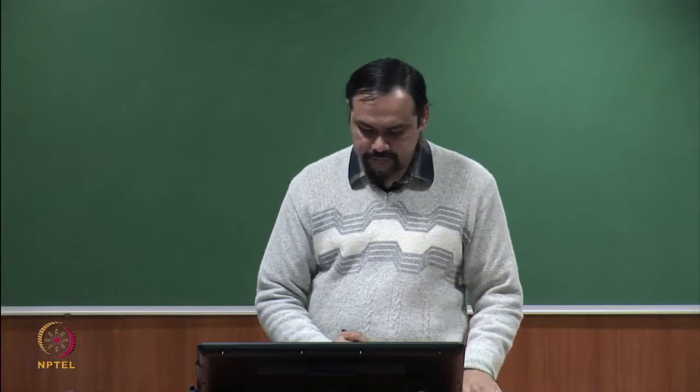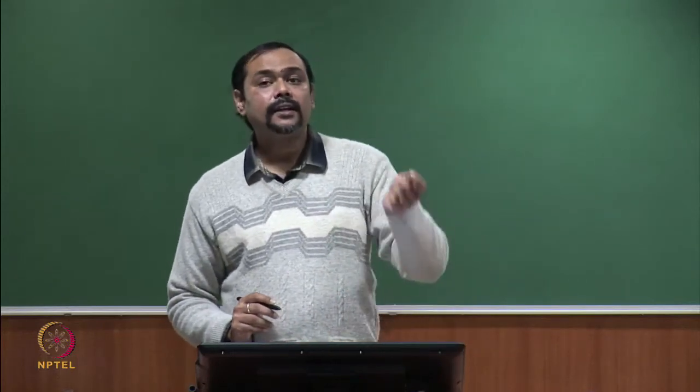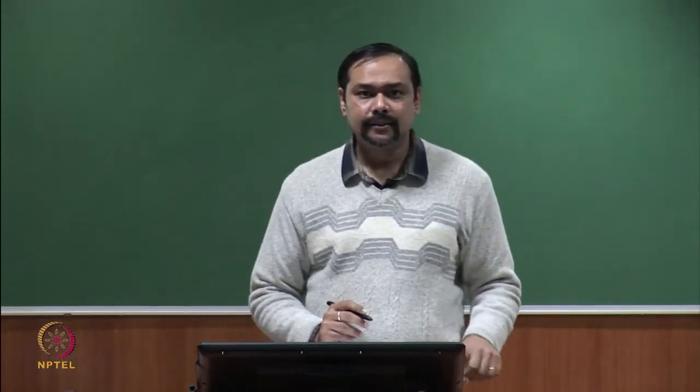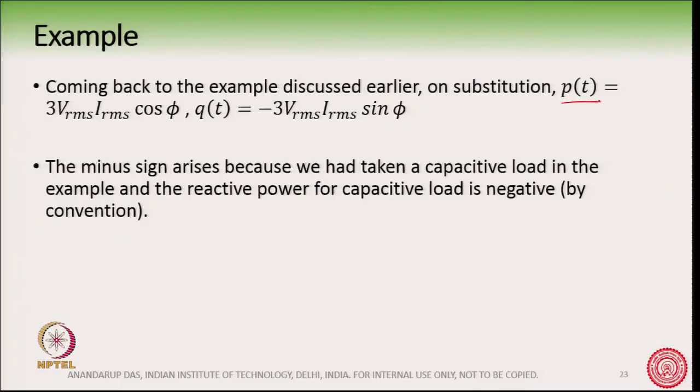If I substitute back, PT is 3 Vrms Irms cos phi, and Qt is minus 3 Vrms Irms sin phi.